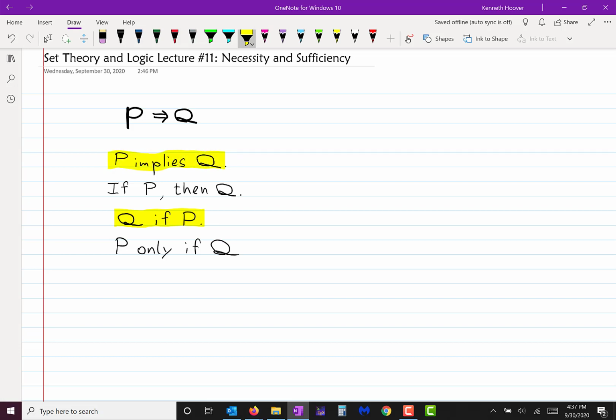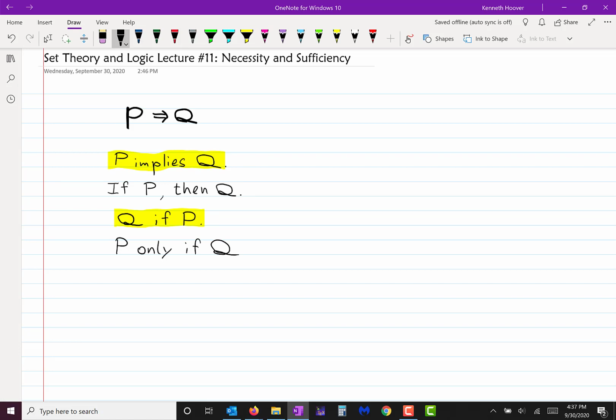So P causes Q to happen. In other words, if you would like Q to happen, then it is enough to make P happen. Or a better way of saying it, it is sufficient to make P happen.